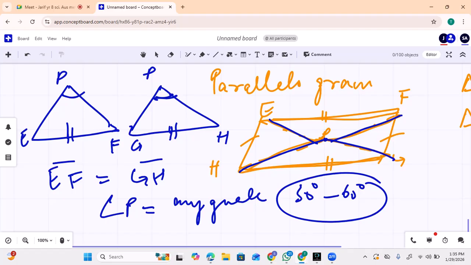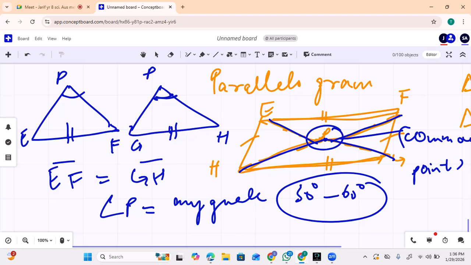Why is this? Because when they're bisected by a bisector, they have been cut equally. And when P is the common point, that means the other two triangles have been bisected equally to each other.